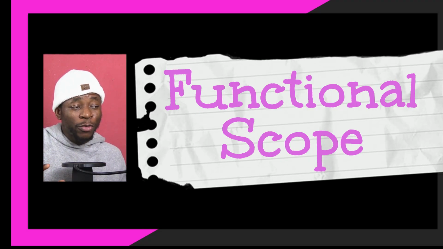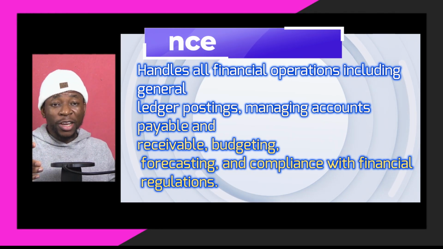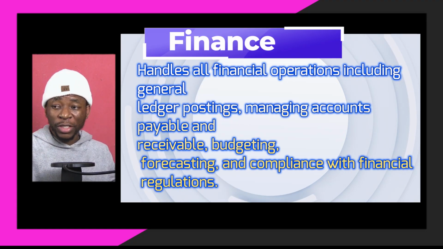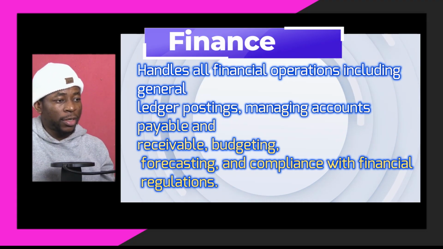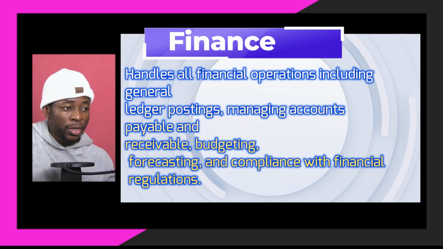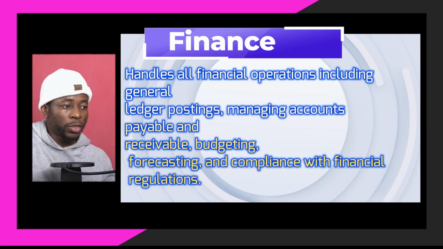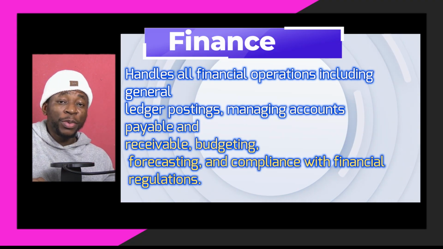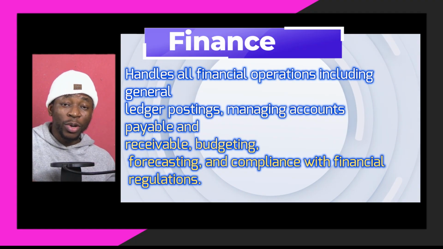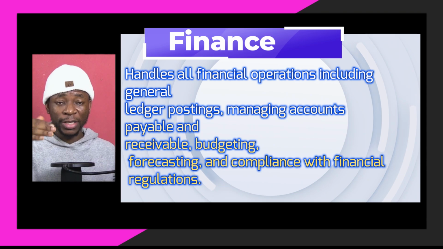It handles all financial operations, including general ledger postings, managing accounts payable and receivable, budgeting, forecasting, and compliance with financial regulations. The finance module also supports profitability analysis and internal cost tracking to ensure accurate financial reporting. This is what the finance system does.